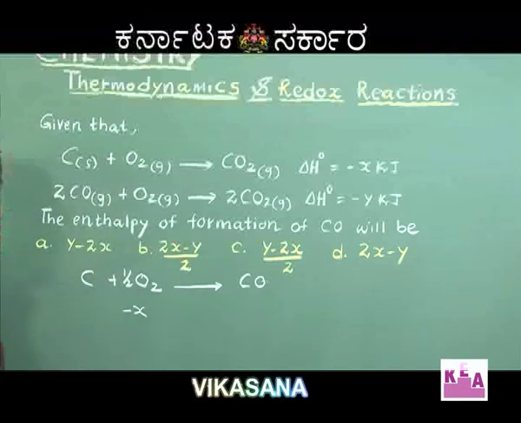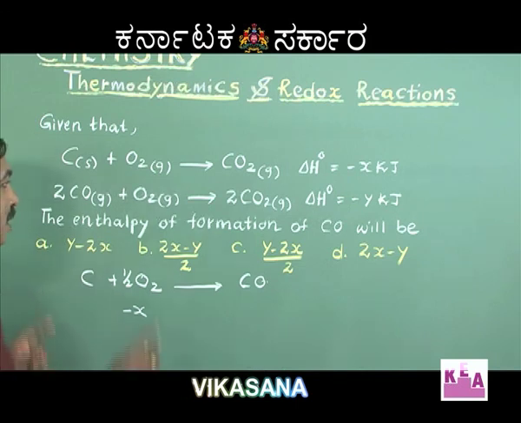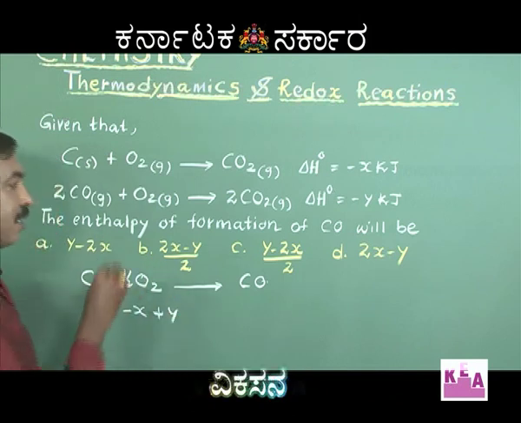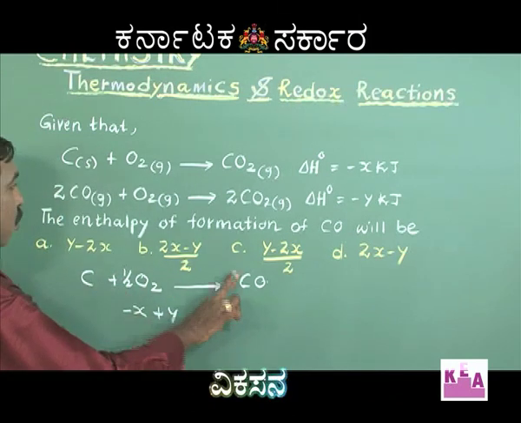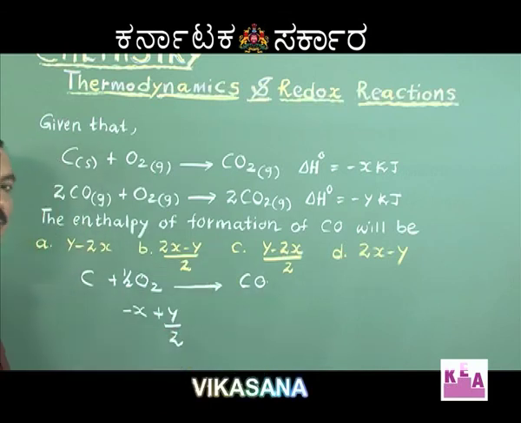Therefore, the right option is: I am retaining equation 1 as it is, and I am reversing equation 2. You have understood this concept in the theory classes. Whenever you reverse any thermochemical equation, the value of enthalpy remains the same with a change in sign. Since I am reversing it, there is a change in sign, and since I want it for 1 mole while it is given for 2 moles, I divide it by 2.